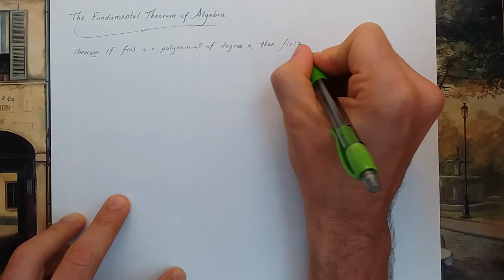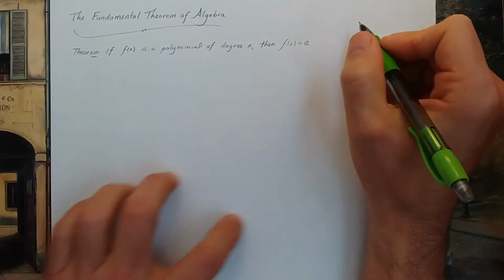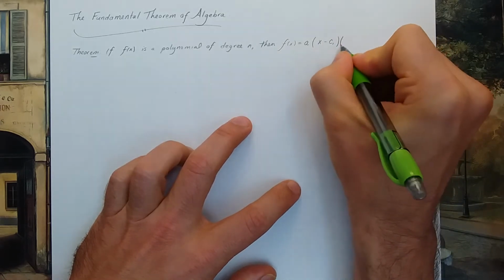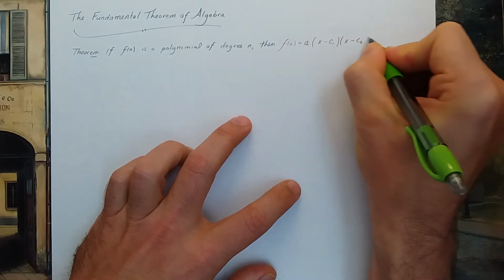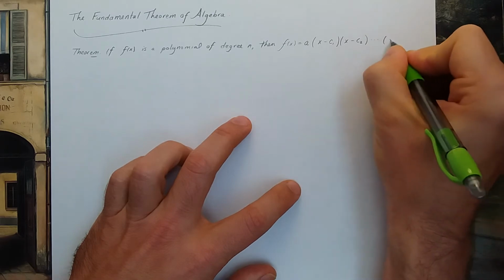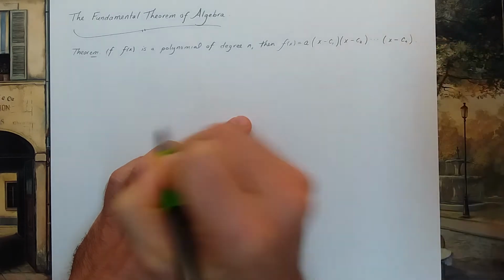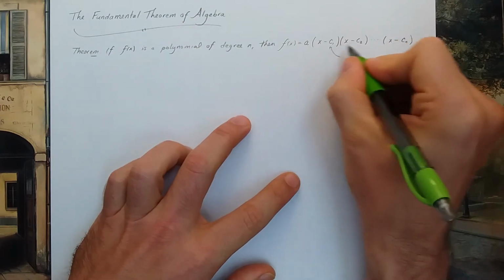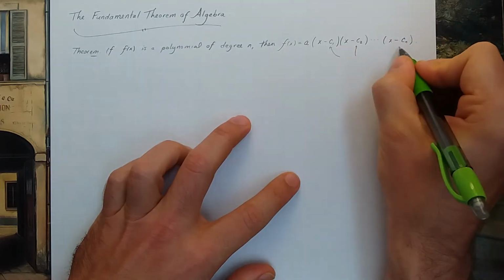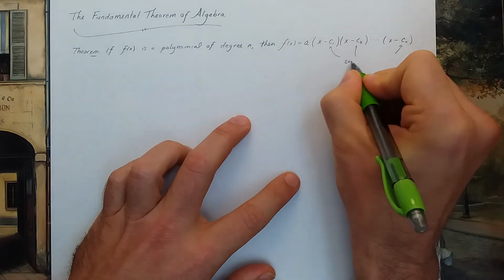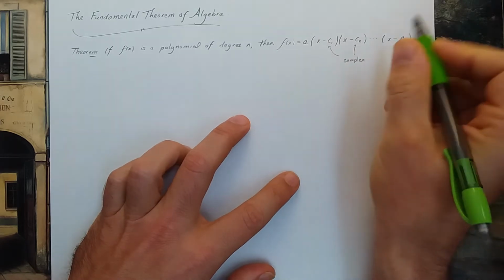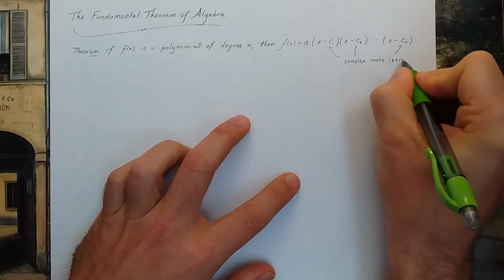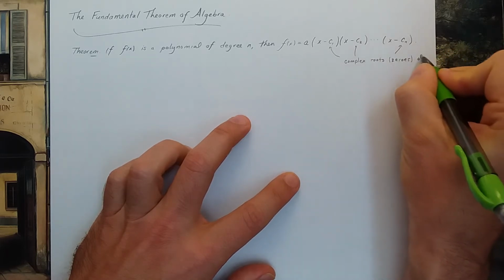You could write f of x as some constant a times x minus c1, x minus c2, all the way up until I get to x minus cn. So c1 through cn, these are complex numbers. They're complex roots or zeros of your function f.